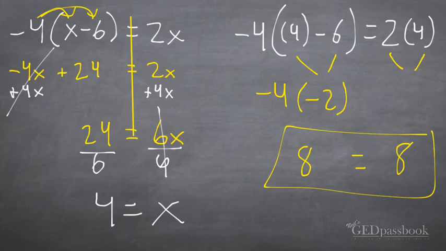Most likely, the issue is accidentally dividing when you're supposed to add or subtract, or accidentally adding and subtracting when you're supposed to divide. You're just going to get everything confused. But through practice, you will do fine.